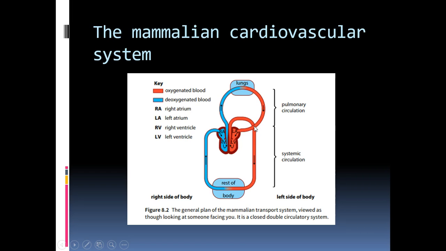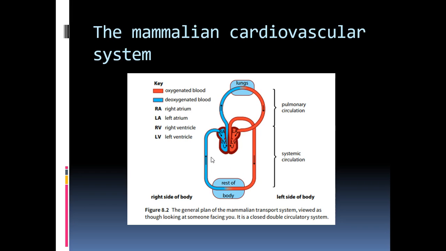And if you trace the flow of the blood around the body, beginning in the left ventricle, you will find that the blood travels twice to the heart on one complete circuit, right? So therefore, it is also called a double circulatory system.